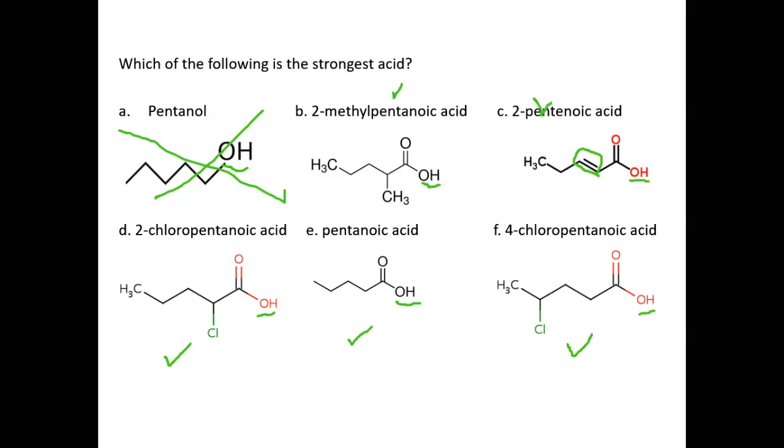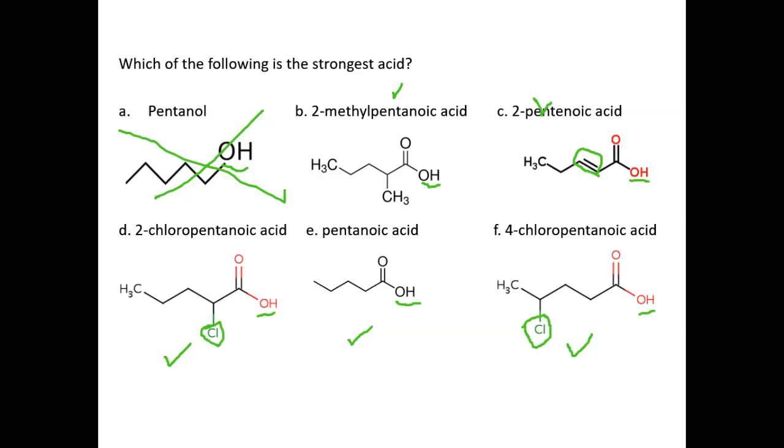Now, C has this alkene right here, in addition to the acid. D has this electron withdrawing group. E doesn't have any electron withdrawing group or double bond. And F has an electron withdrawing group in a different position.